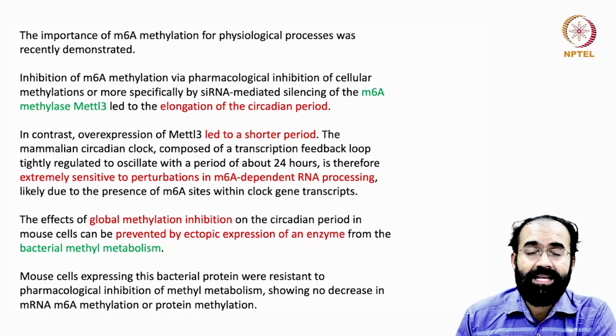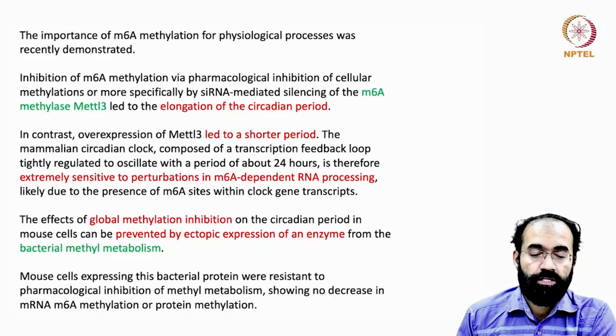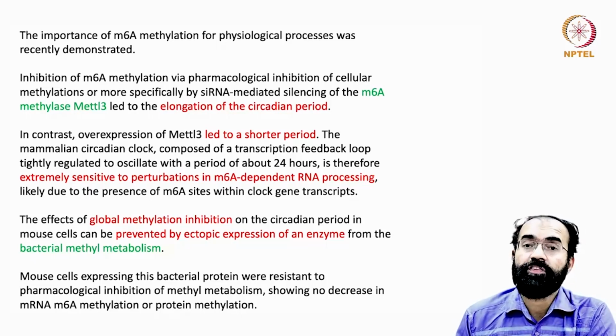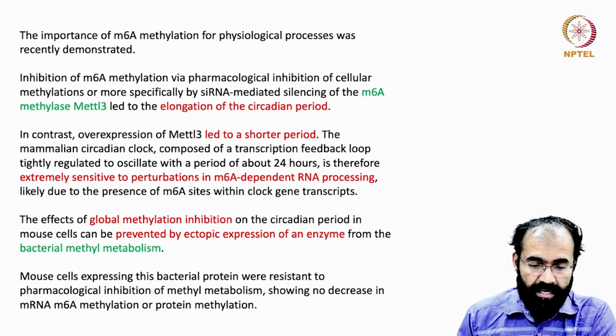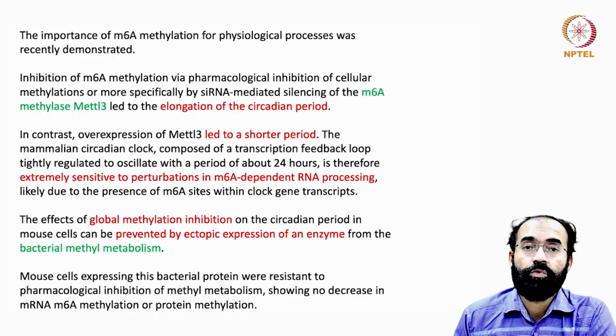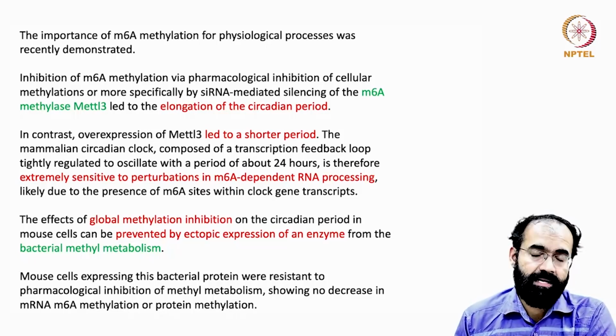The mammalian circadian clock, composed of a transcription feedback loop, is tightly regulated to oscillate with a period of about 24 hours. We all know that humans live in a day of 24 hours. It is the time taken for completing one day. It is therefore extremely sensitive to perturbations in M6A dependent RNA processing.